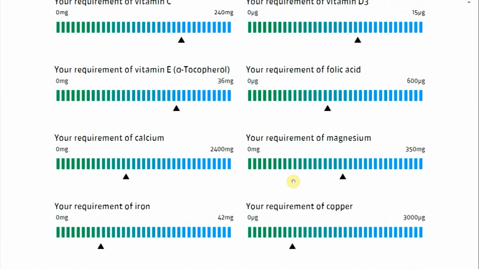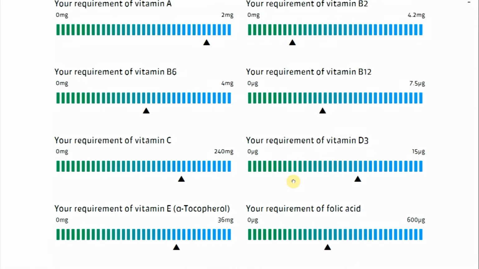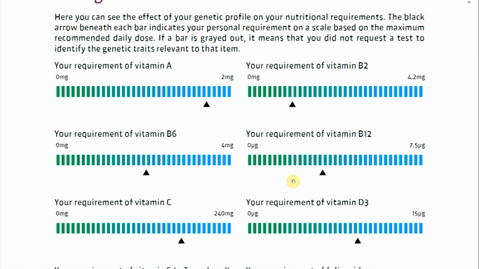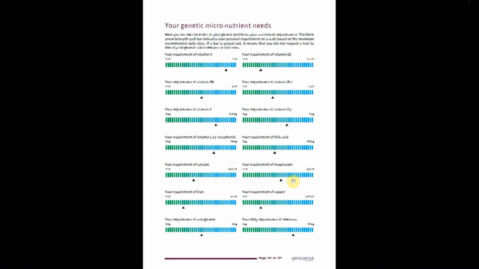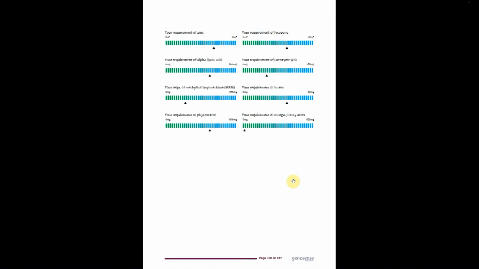So all of these vitamins and minerals that are contained within food and different food types are evaluated here. And we can tell you which amount we would recommend based on your genetics. Also coenzyme Q10, which we've talked about, it works in this case, that's why some of it is recommended, and omega-3 fatty acids in this case would not be recommended, but phytosterols, which is an alternative, is recommended.